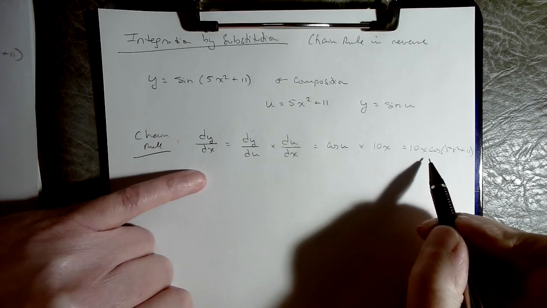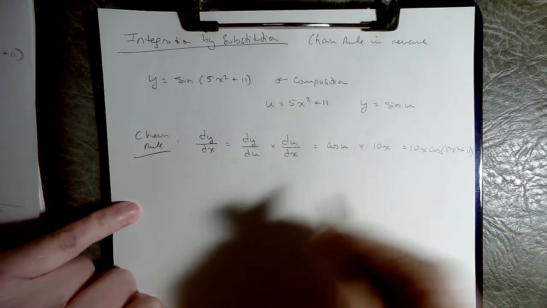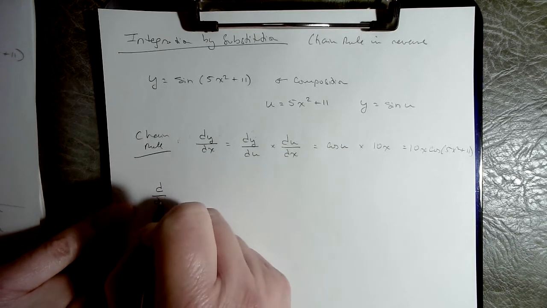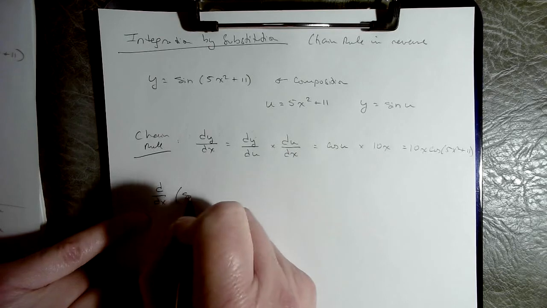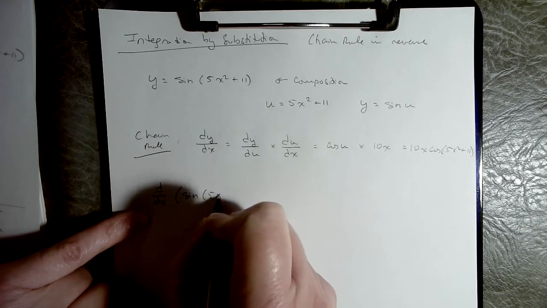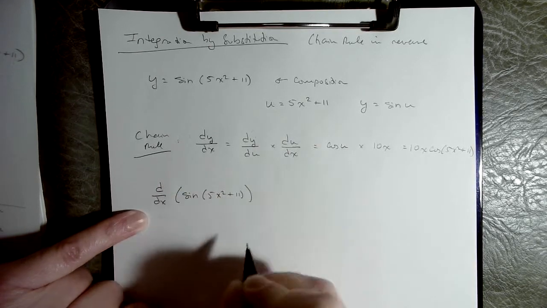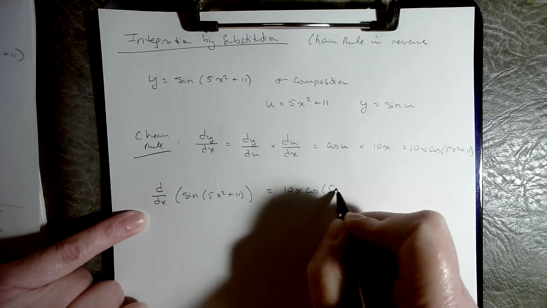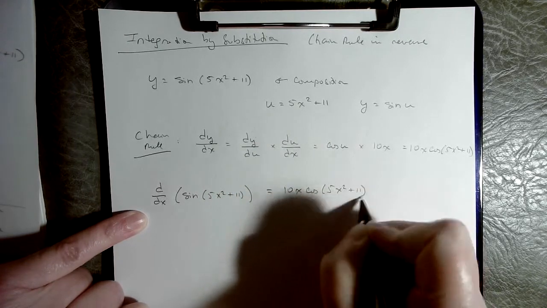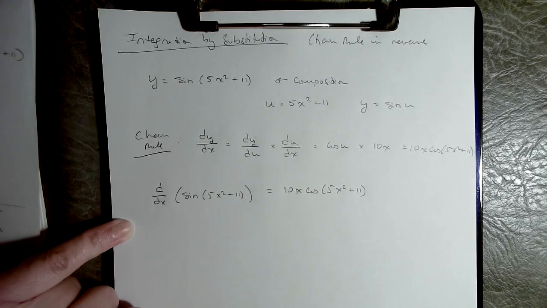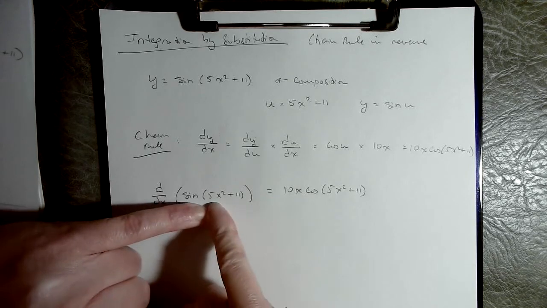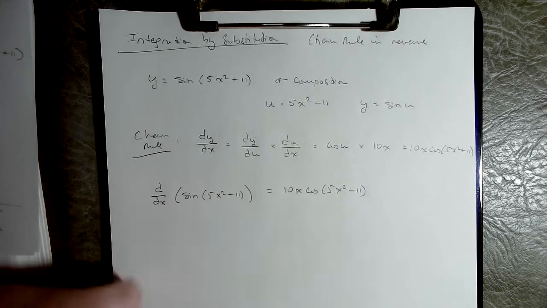Integration is doing differentiation the other way. So if I'm differentiating the expression sine of 5x squared plus 11, and I come up with 10x times the cosine of 5x squared plus 11. Okay, sine went to cosine, differentiate the inside, that's how I got the 10x.